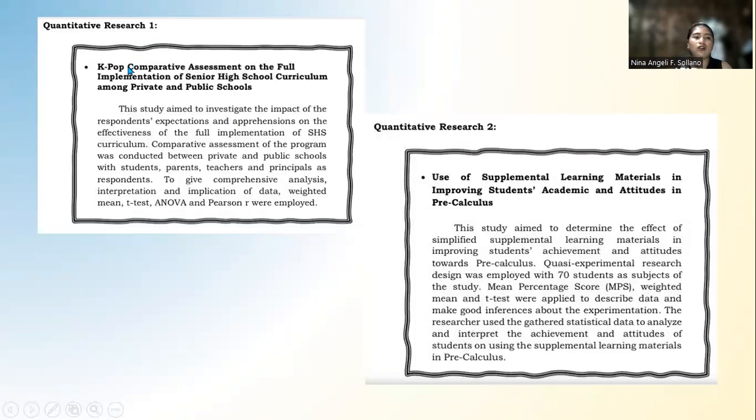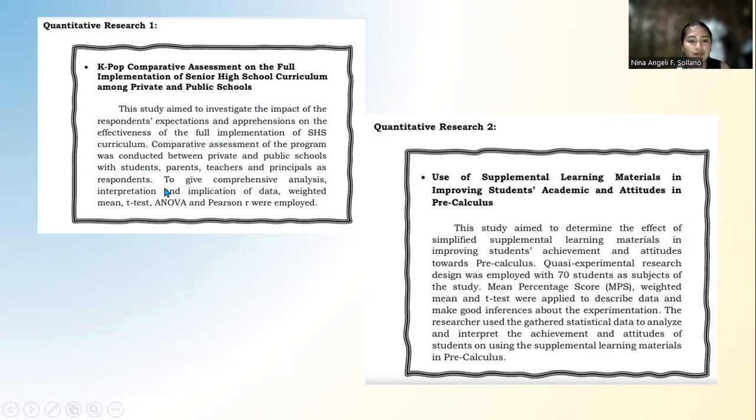Let's have the examples of quantitative. So here, K-pop comparative assessment on the full implementation of senior high school curriculum among private and public schools. So this study aimed to investigate the impact of respondents' expectations and apprehensions on the effectiveness of full implementation of senior high school curriculum. So here we have comparative assessment, okay, so it has a test, assessment.